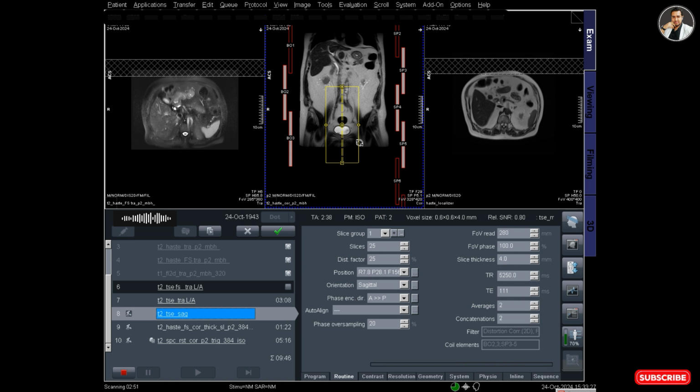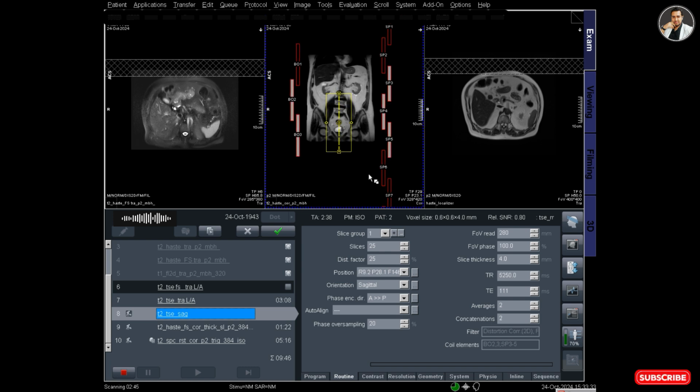That's why I have taken it from the pelvis folder. And now plan the slices on the coronal image and make sure that the slices are parallel to the spine, and go through the midline of the rectum and the prostate.